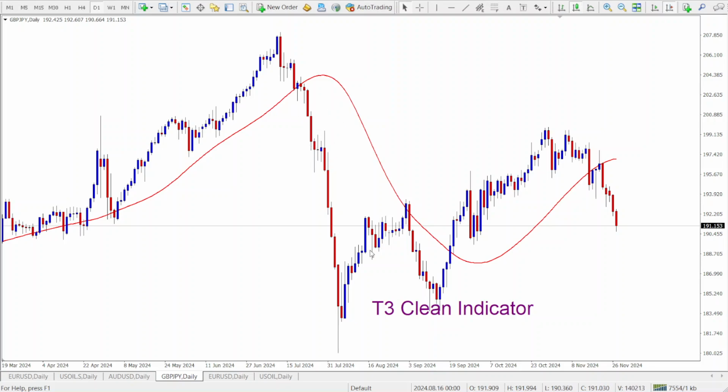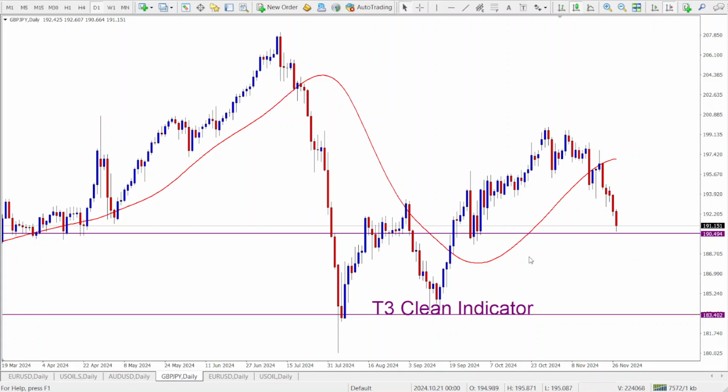For your exit strategy, you can either decide to use support levels, or you can decide to wait for the price of the asset to break above the T3 clean indicator.